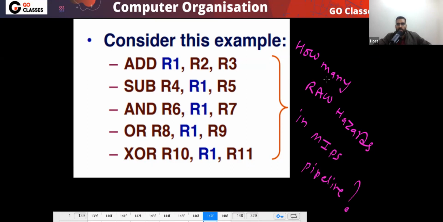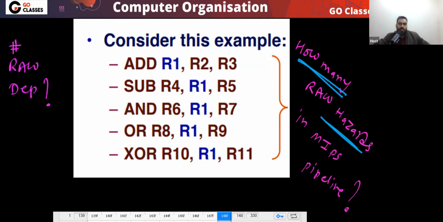First of all, what is the number of RAW dependencies? The number of RAW dependencies are 1, 2, 3, 4. Total 4, right?